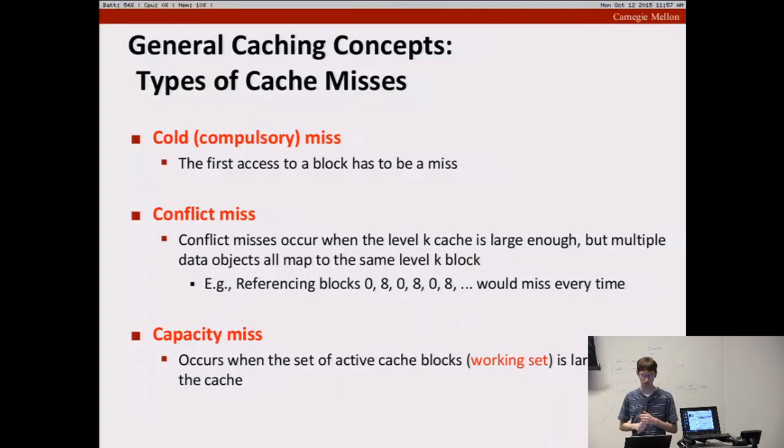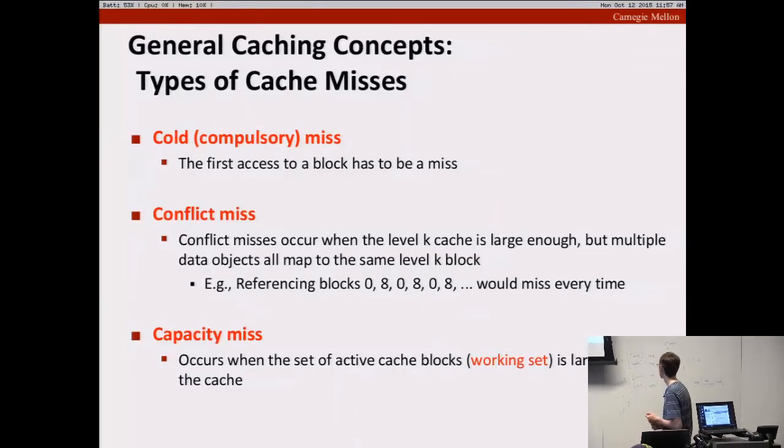Or we could actually be in the situation where the cache is completely full and we've asked for something that's not in it. There, no matter what our cache management policy is, we're always going to miss, because of course there's no way it can be in there. It's not in there and we're going to have to replace something. So this middle one, the conflict miss, is one where how you get stuff out of the cache affects whether a certain data access pattern is going to have a high miss rate.